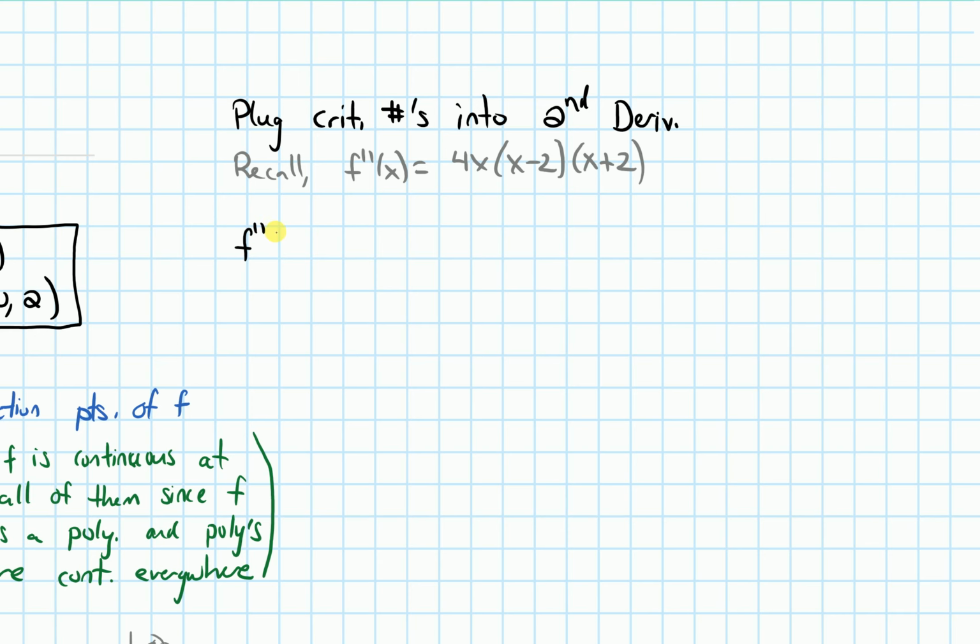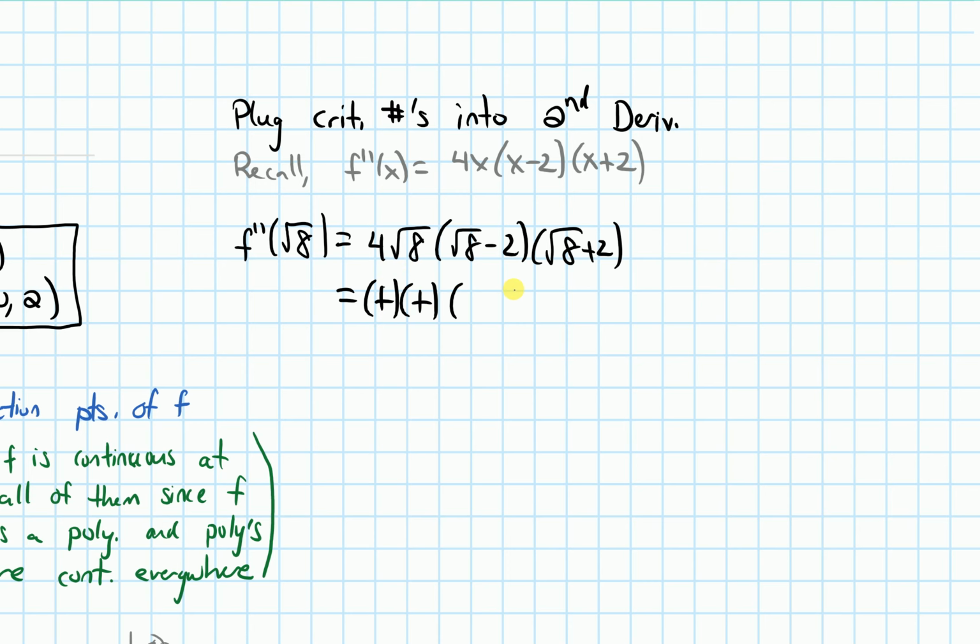So let's do it for root 8. If I plug that in, we'll get 4 root 8 times root 8 minus 2 times root 8 plus 2. Okay, so 4 is positive, root 8 is positive. What about root 8 minus 2? Well, I know that root 4 is 2.